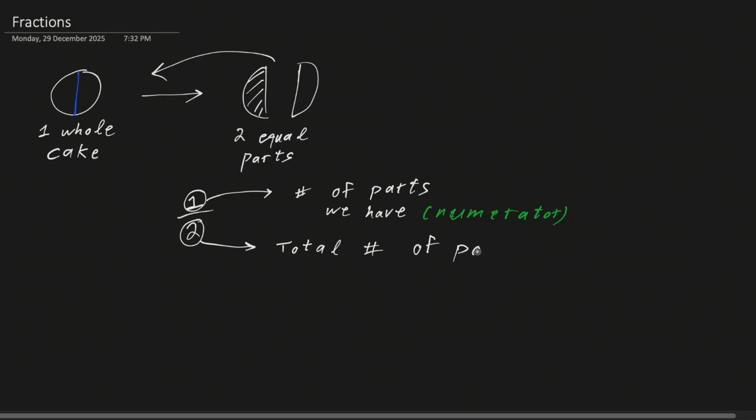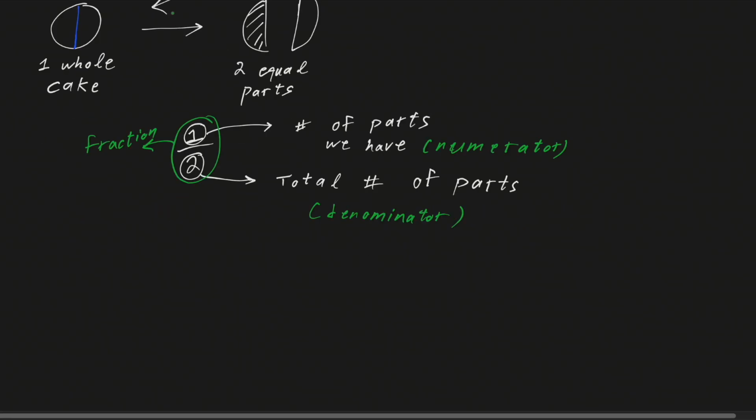So it's telling us how many parts we originally split the cake into. And it's called mathematically the denominator. This whole expression here is called a fraction.